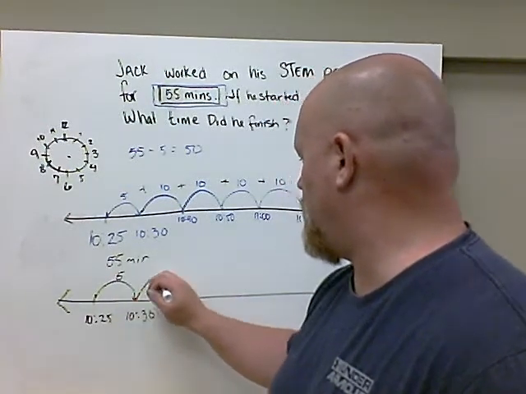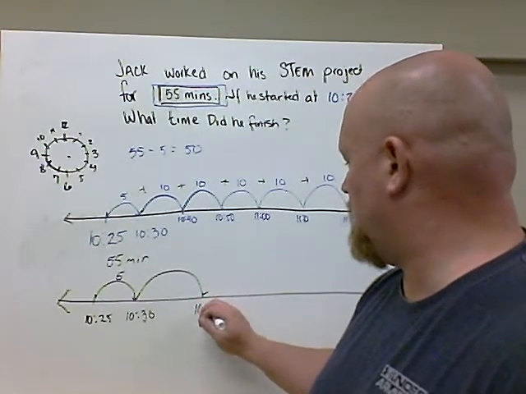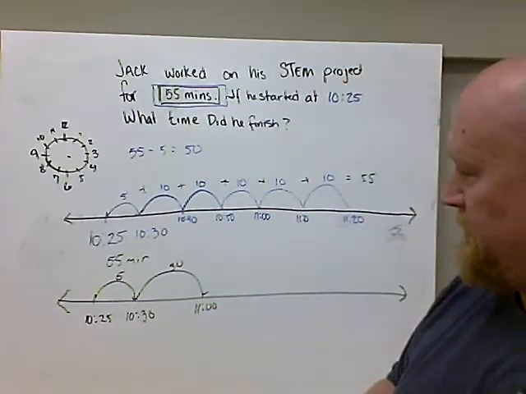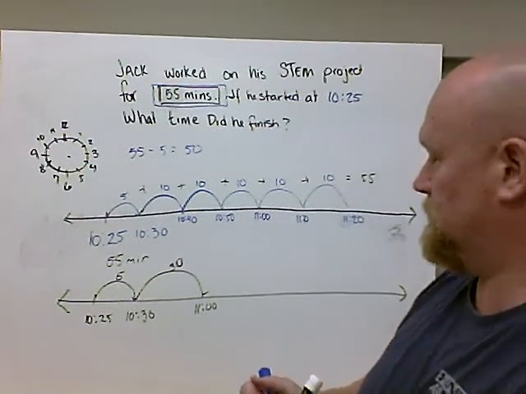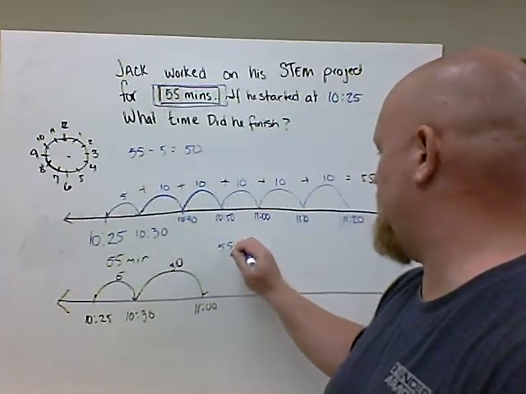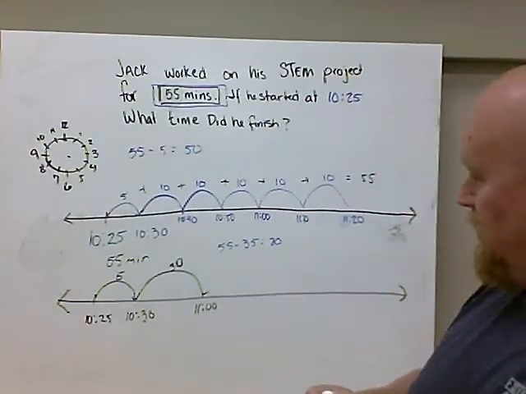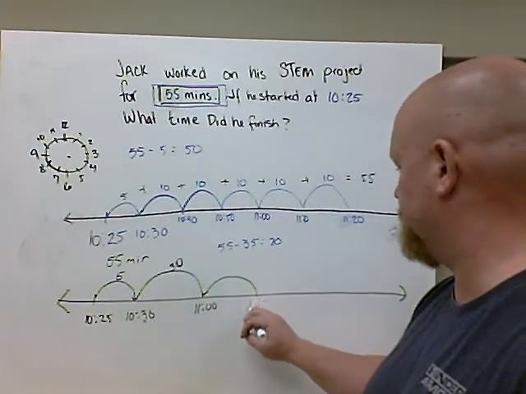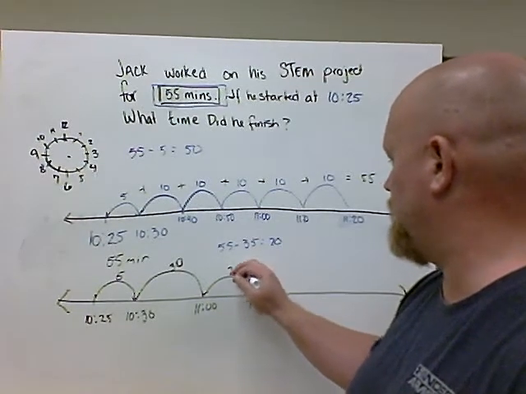I know 30 minutes gets me to 11 o'clock. I may have to do a little bit of math. 55 minus 35 equals 20. And then I know I need 20 more minutes, so then a 20-minute jump will get me to 11:20.